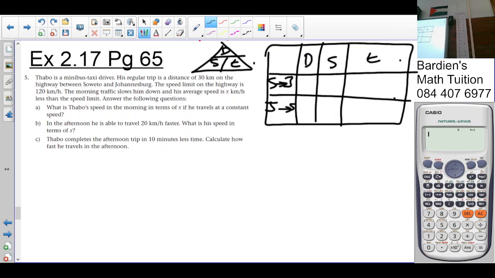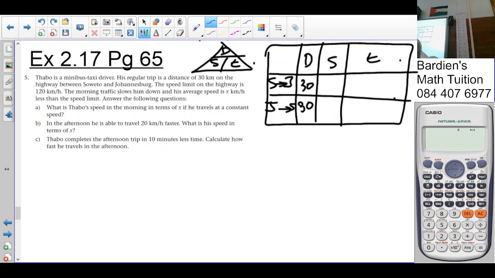The speed limit on the highway is 120 kilometers per hour. Is he doing that speed? No. That is the speed limit. The morning traffic slows him down and his average speed is X kilometers per hour less than the speed limit. So what speed is he doing? X kilometers less than 120.